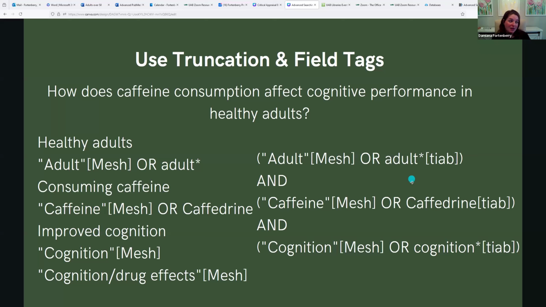I think maybe you might get an article in PubMed about adulting. That's a new word, but I don't know how often that occurs in medical articles. So maybe not, but it might come up. But if you wanted to, you don't have to put TIAB if you're fine looking absolutely everywhere for adults. But I know that I want to be really narrow with this particular thing because it's such a broad word.